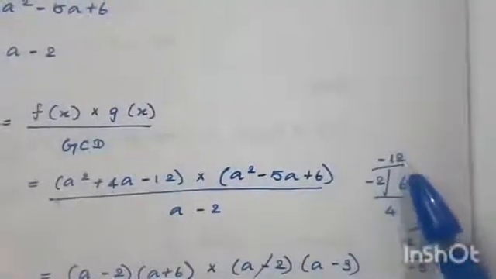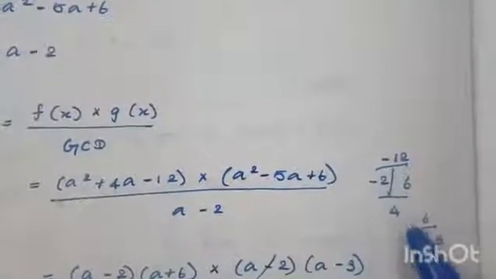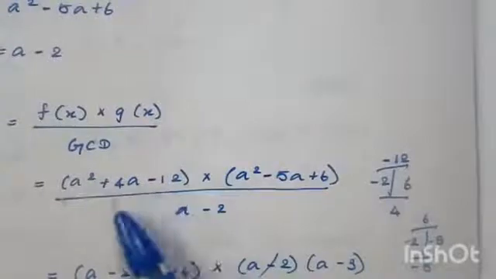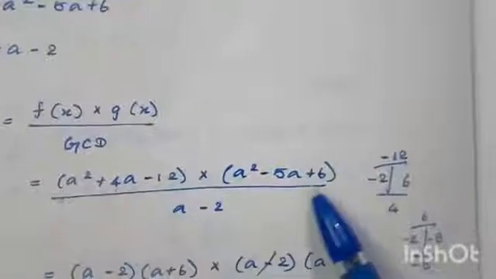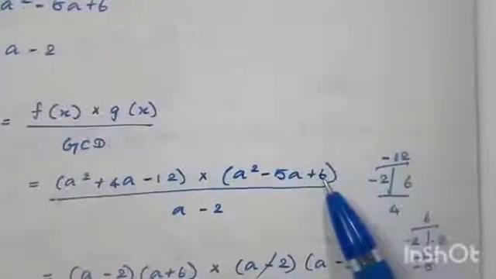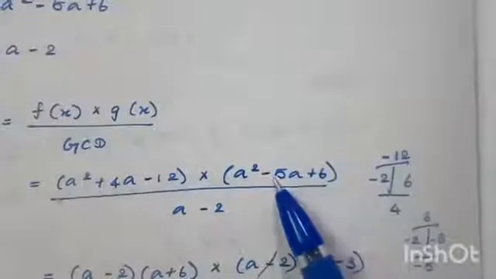These are quadratic expressions, and we have to find their factors. That is the factor method. For the first, the product value is minus 12 and the adding value is 4. For the second, the product value is 6 and the adding value is minus 5.